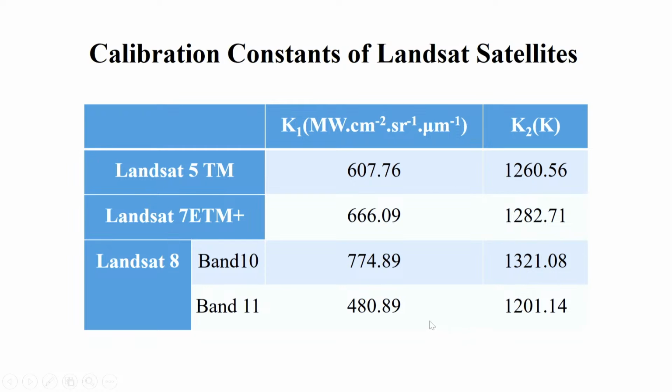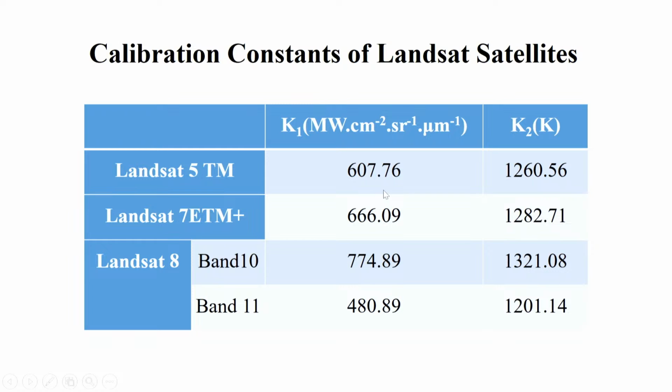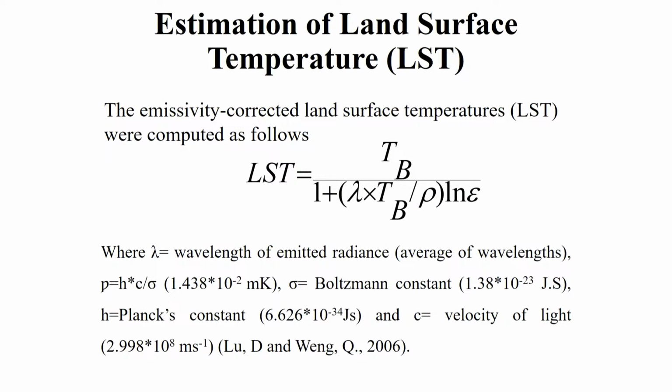These will be given as input in this formula, and Li is already measured. Then one will be able to calculate the at sensor brightness temperature, or the radiant temperature.